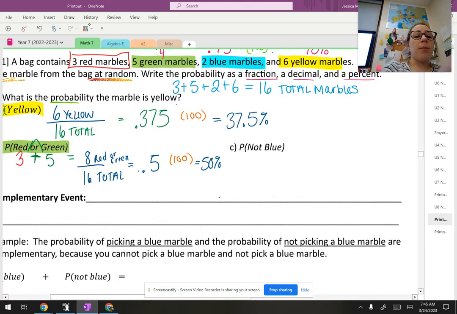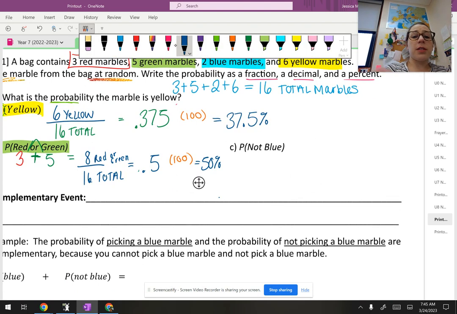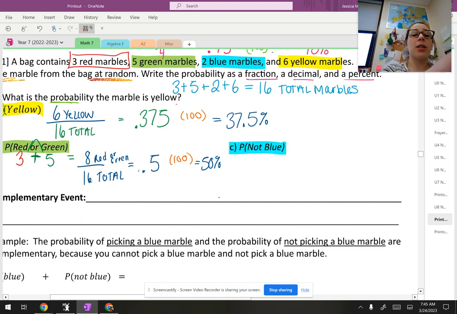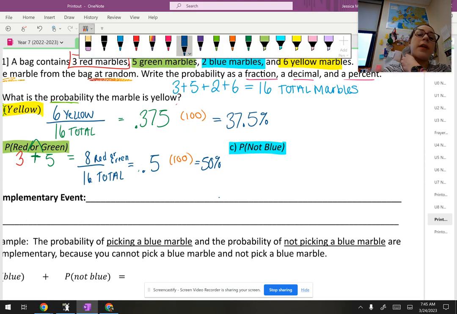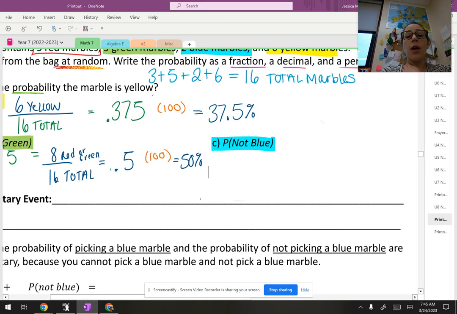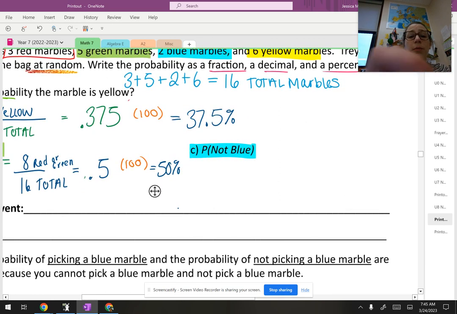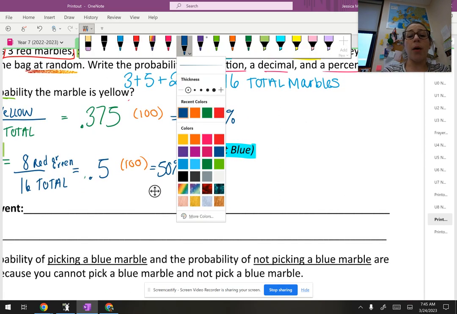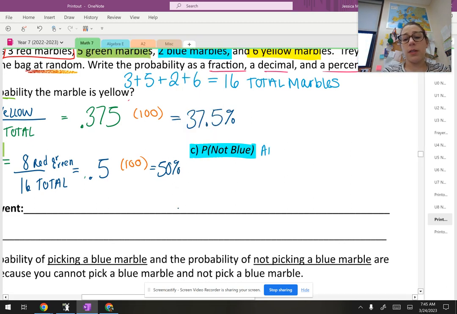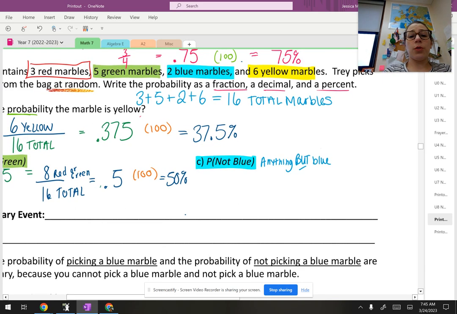Okay, up next we have part C. Part C here is asking for the probability of it being a not blue marble. So that might sound really confusing, but all that means when it says not blue is anything but blue. So you can look at this two different ways.